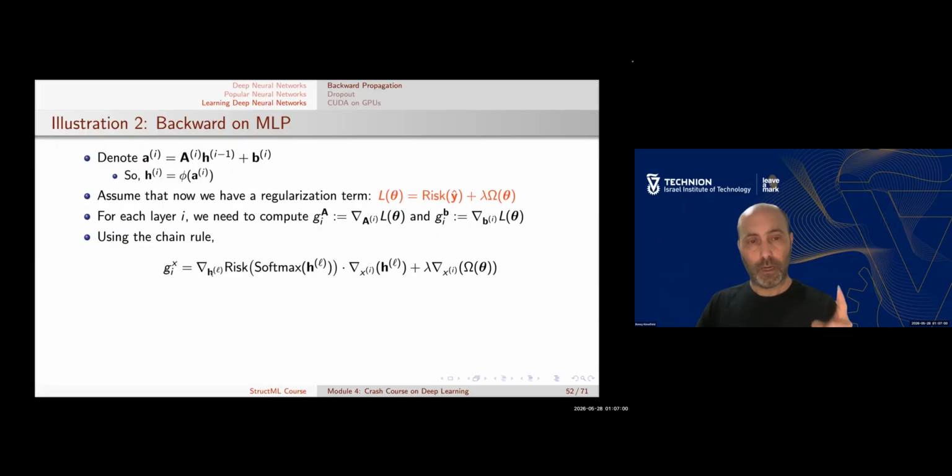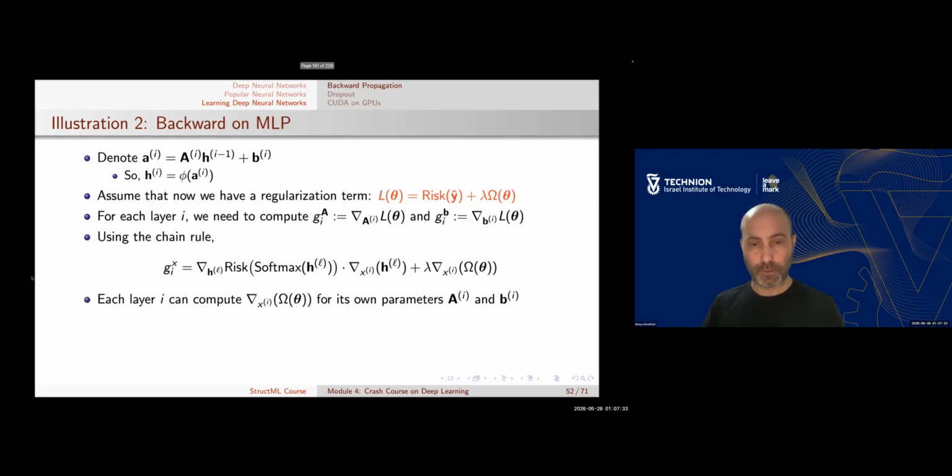Now, our loss function is the risk over y, risk over softmax of HL. We can now apply the chain rule and say each g i x, where x is either A or B, is the derivative of this risk function applied to HL, times the derivative of x i over HL, plus the derivative of x i on the regularization.